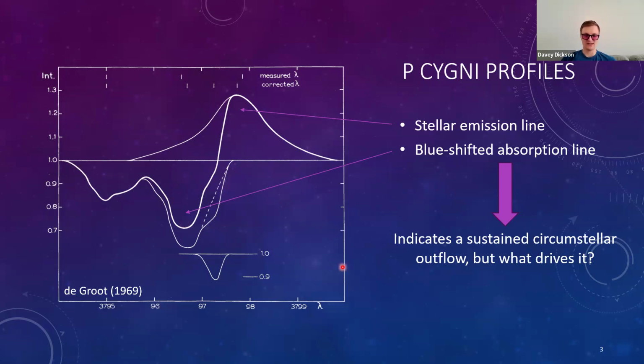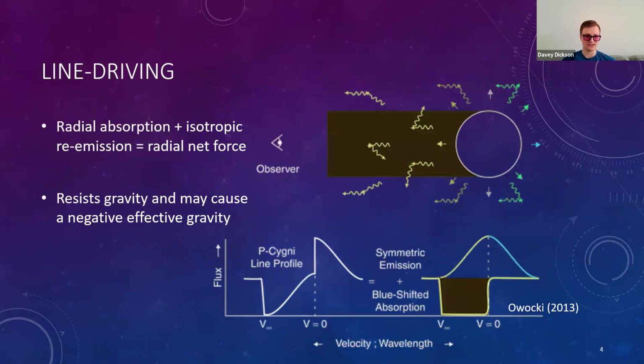The mechanism that was proposed for trying to solve this is called line driving, a mechanism by which we take into account the absorption in this wind regime, which is going to be, of course, purely radial from the star, or at least predominantly radial, and consider the fact that the re-emission in that wind regime is not going to be primarily radial, but in fact isotropic.